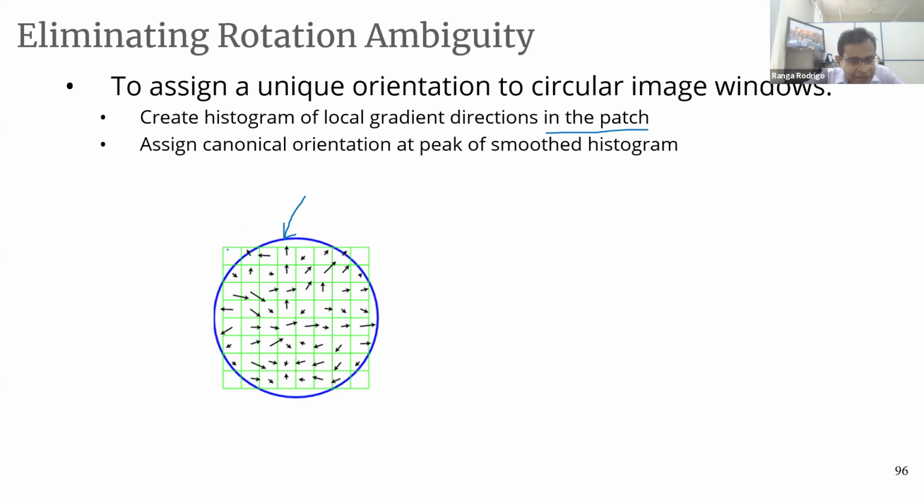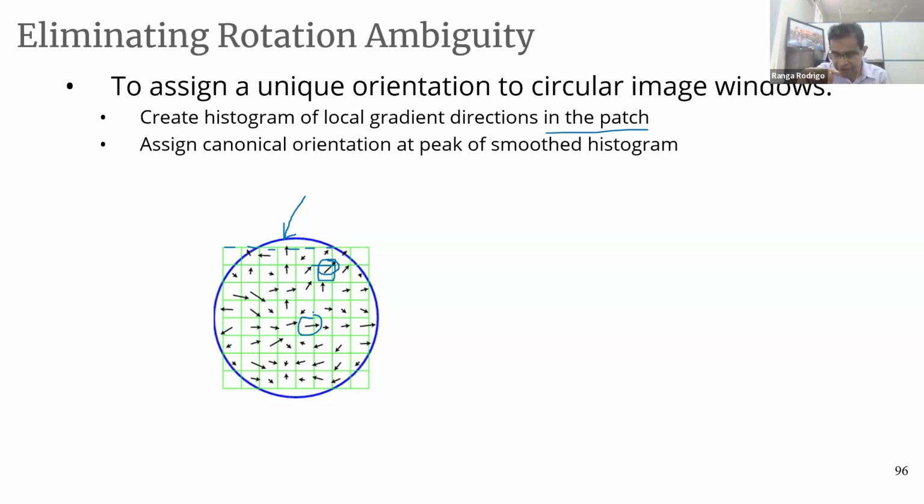Then you divide that into this many small rectangles. In those rectangles, you compute the amount of gradient it has. So here the gradient is this way, here the gradient is that way, and so on. So many gradients are now there because we are computing the gradients in these patches.